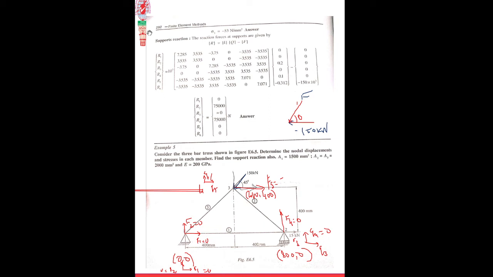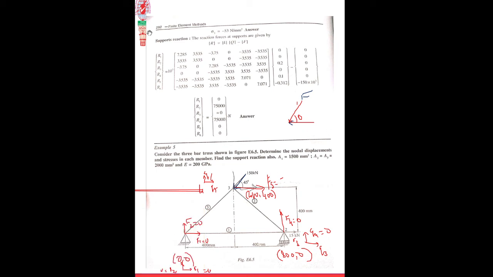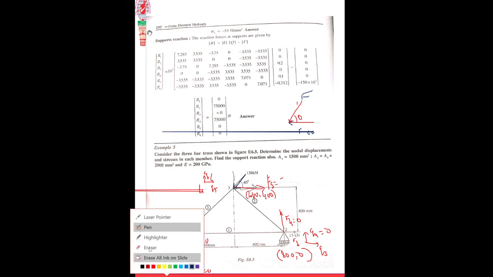What do you have to resolve horizontally? Minus F cos theta. Similarly, if I resolve vertically, what is the direction of the force, upward or downward? Downward. What is the value?